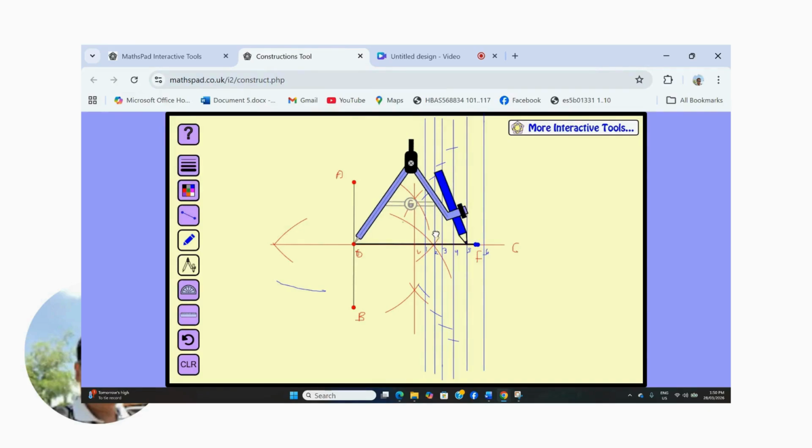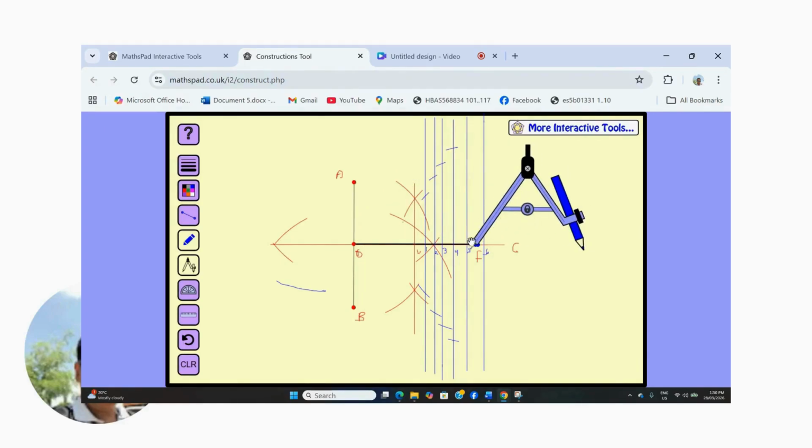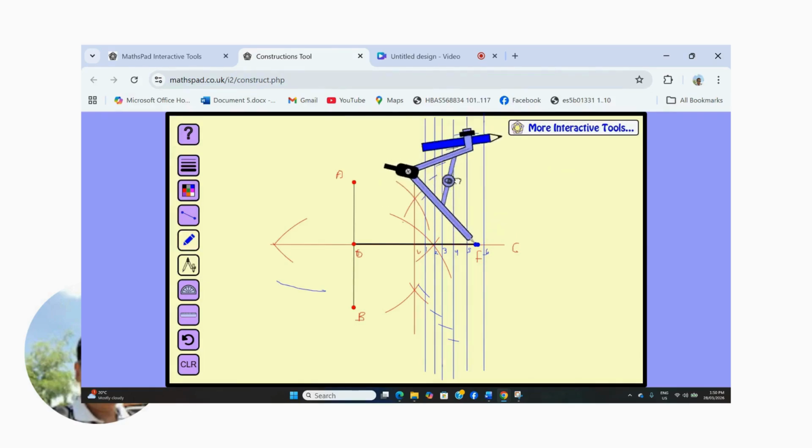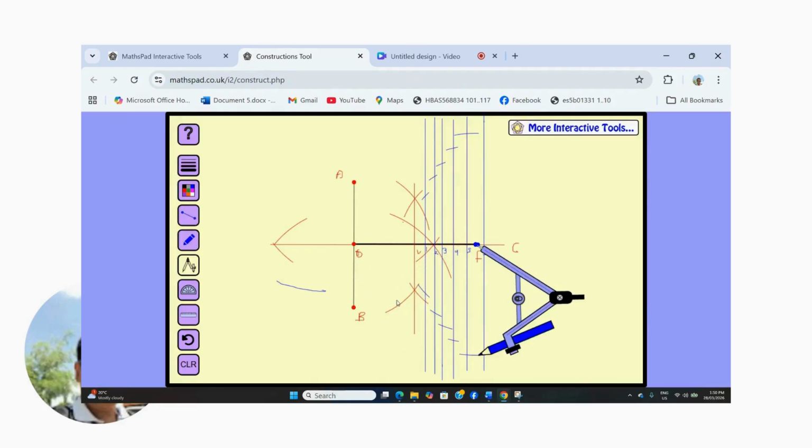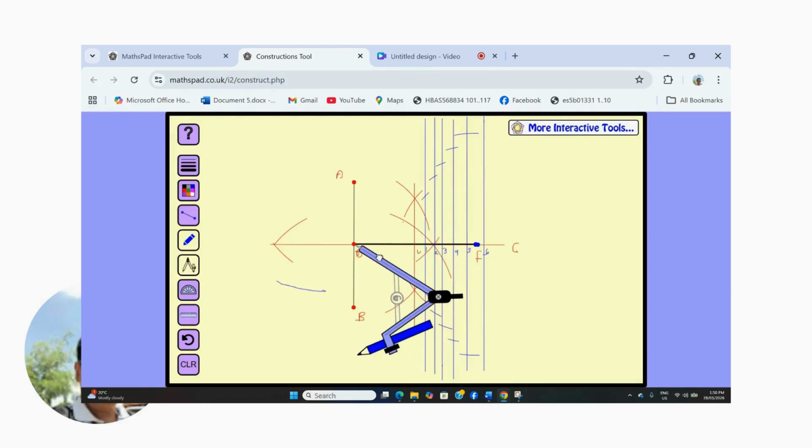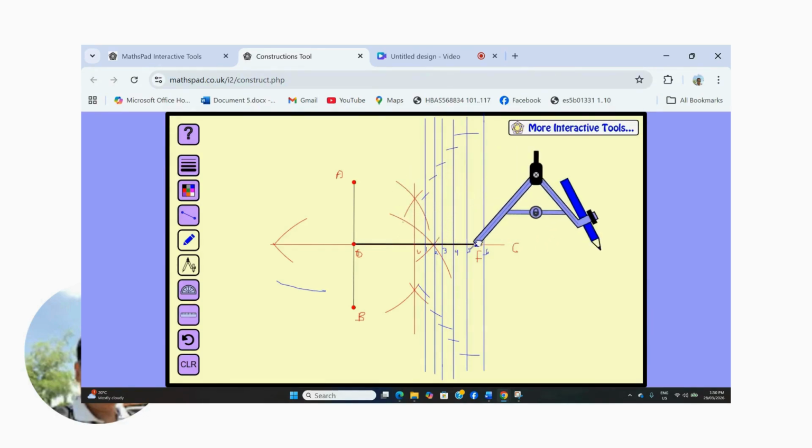Now O5 as a radius. Again F as a center. And finally O6 as a radius and F as a center.